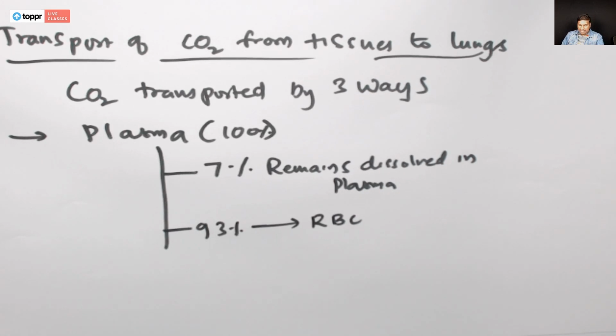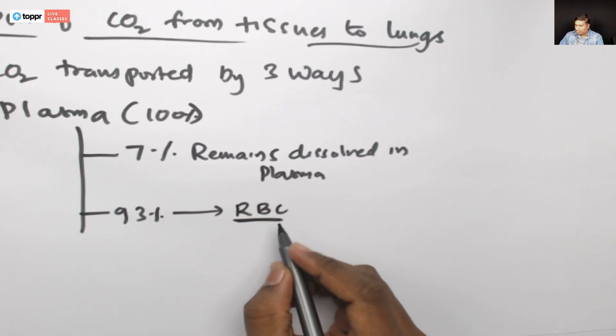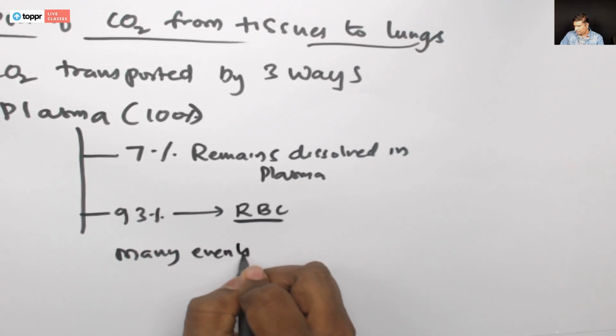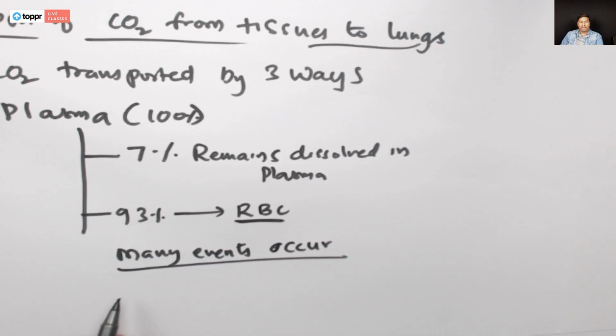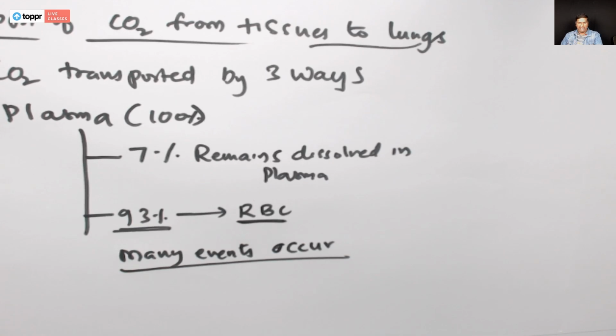Now, once it diffuses into the RBC, many events occur inside the RBC. Now what are the events?